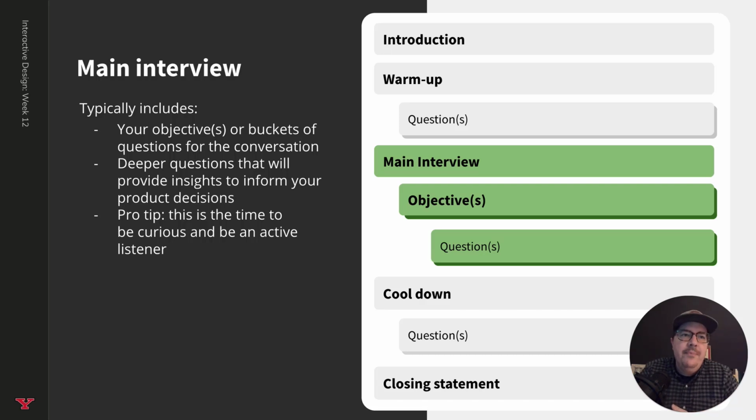As a pro tip, this is the time to be curious and to be an active listener. And so if your user is bringing to light something that's really interesting for them, or a time or an experience or something that you didn't even think about that they just mentioned, it's a time for you to be curious and to ask maybe deeper questions, maybe to go off script a little bit.